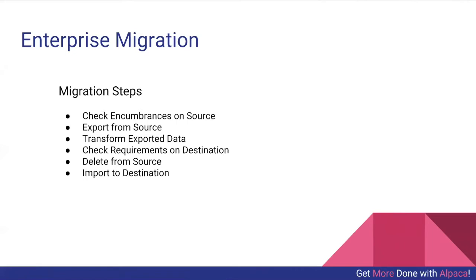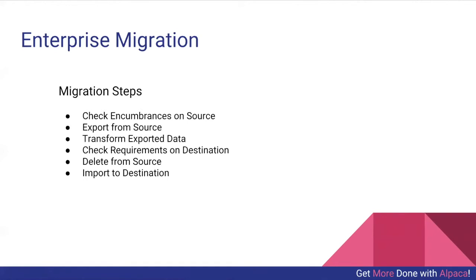If you're doing a user migration between groups, let's say you're trying to move Bob from group A to group B, but Bob has a phone that has a shared call appearance for Sally on it. Well, you can't move Bob and Bob's phone to group B and still leave Sally in group A. And so that would be an encumbrance.